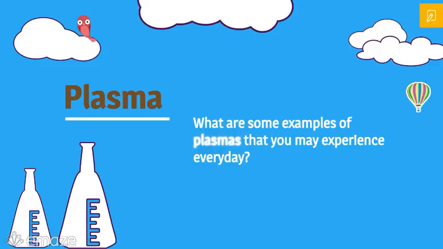All right. Now, some examples of plasmas would be lightning. Ooh, you didn't know that, did you? Stars, including the sun, and neon signs and fluorescent lights. Now, the neon signs and fluorescent lights in themselves are not the plasma. The glass tubes that make up the neon signs and fluorescent lights contain gases that react with the electricity when you plug them in.